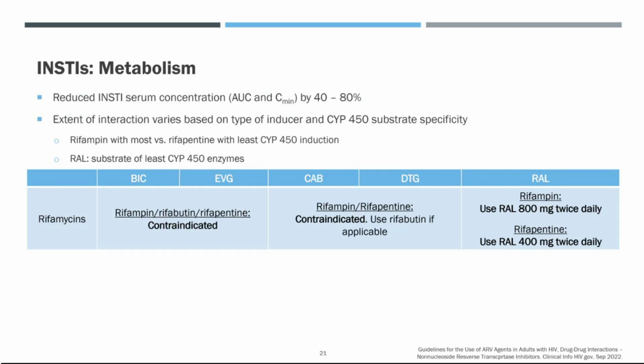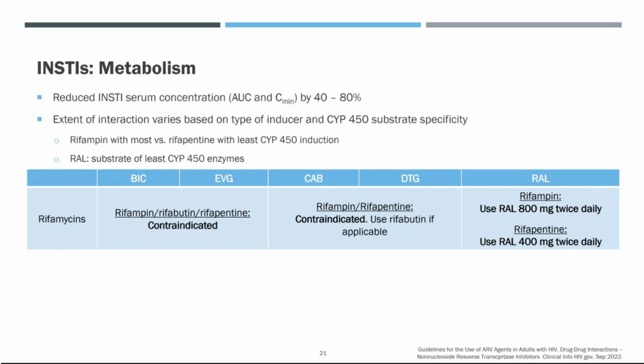For rifamycins, generally they're contraindicated with INSTIs, but there's an exception for raltegravir again. For patients taking rifampin, you can increase their raltegravir dosing to 800 milligrams twice a day.